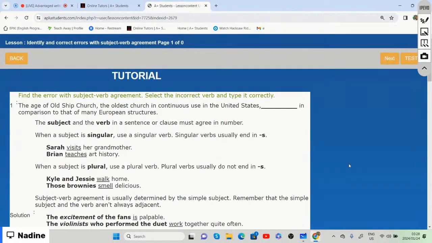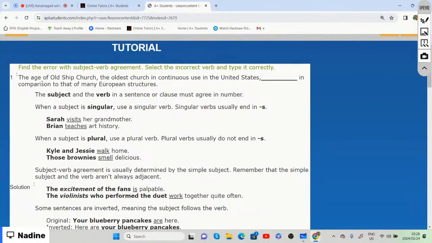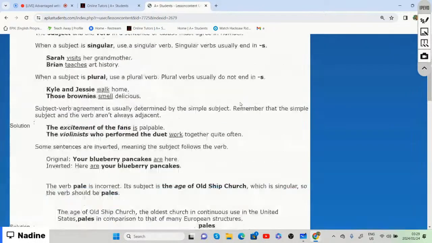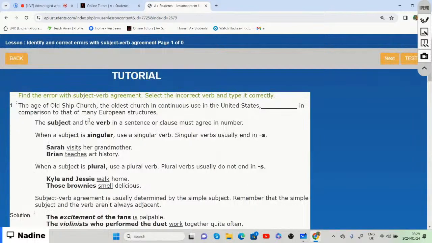All right. So now we need to find the error with subject-verb agreement, and we need to select the incorrect verb and type it correctly. It says, the age of Old Ship Church, the oldest church in continuous use in the United States, in comparison to that of many European structures.